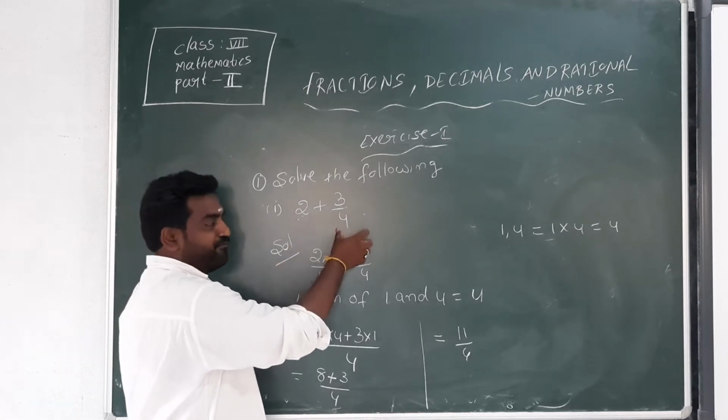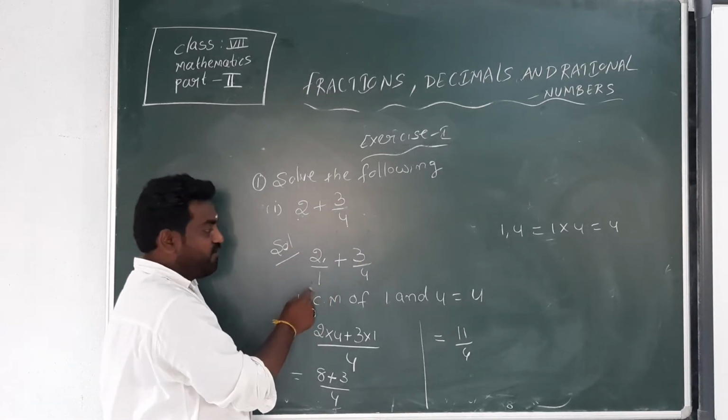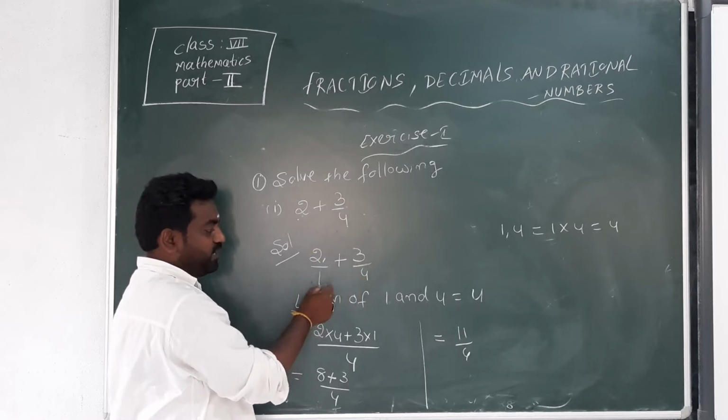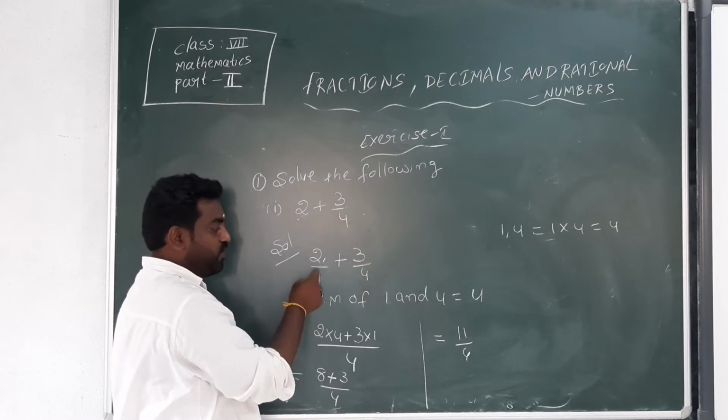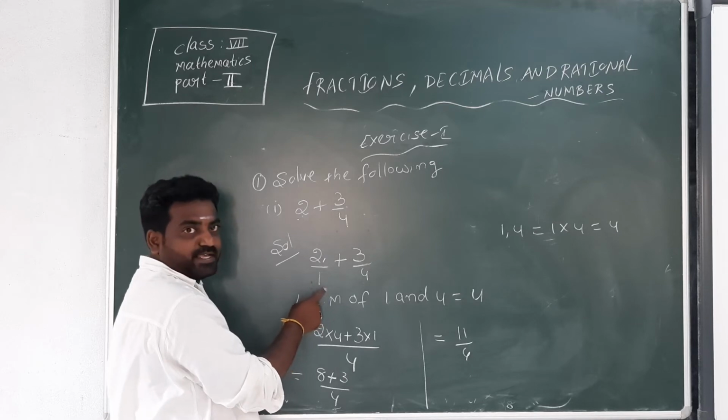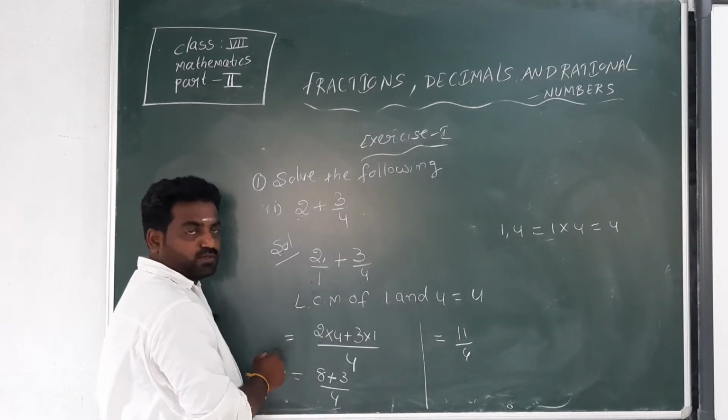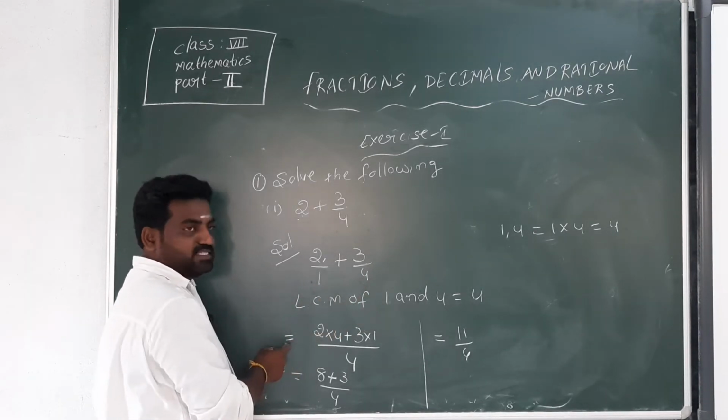2 plus 3 by 4: 2 is written as 2 by 1 plus 3 by 4. The LCM of 1 and 4: 1 is the multiplicative identity, so 1 into 4 is equal to 4. 4 is the LCM.